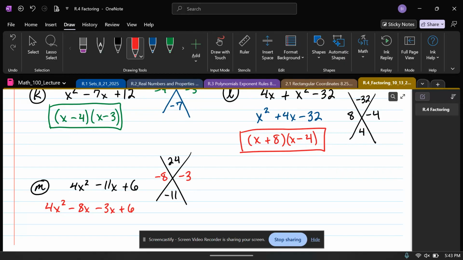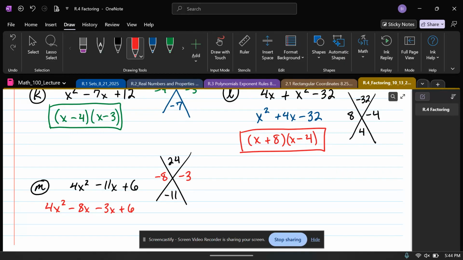I try to do it by what numbers are there. I know I'm going to put something with the 4, so the 8 and the 4, that's an easy GCF for me. And I know I'm going to put the 3 with the 6 because that's an easy GCF. It does not matter what order they're in. It will work out at the end. Your middle step will look weird compared to ours, but it still works.